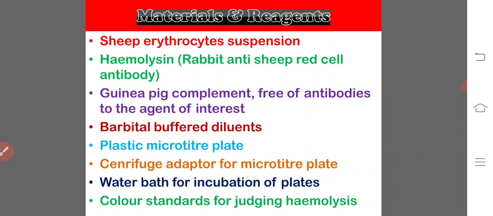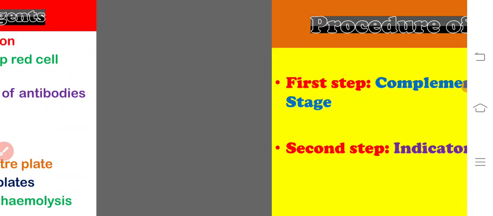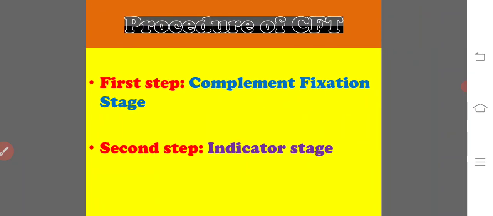Subsequent introduction of sensitized SRBC and anti-SRBC into the mixture does not result in the lysis of the SRBC, because the complement has been fixed or used by the first antigen antibody system, so it cannot cause any lysis. That is the main reason behind the complement fixation test and the lysis of RBCs.